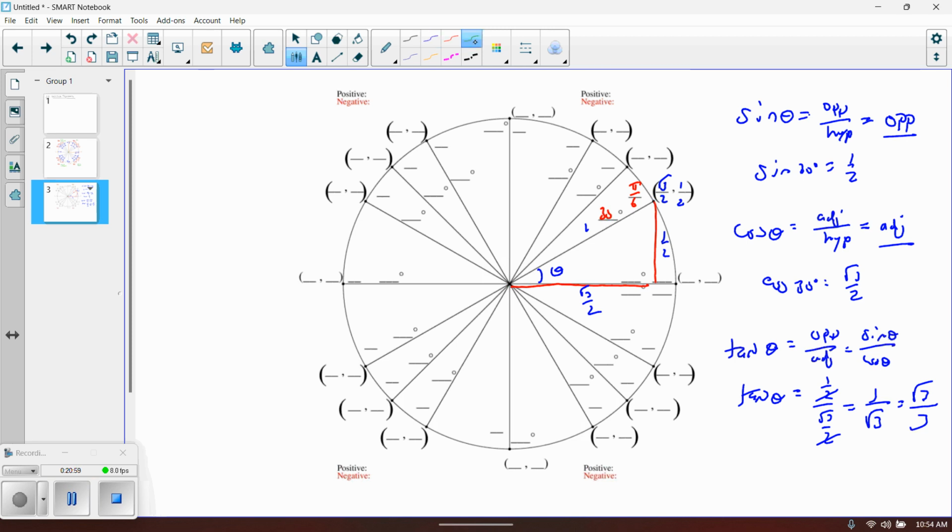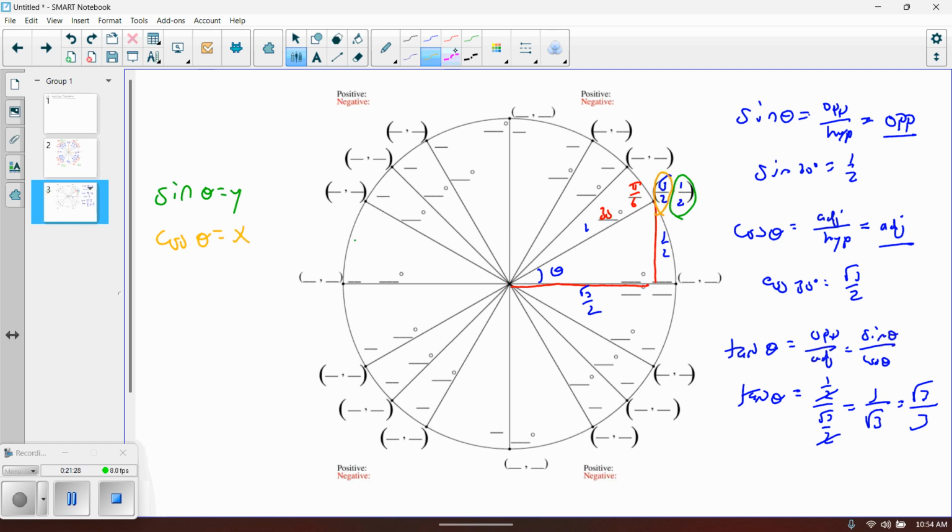But here's the takeaway. What you should notice, and this is going to be the case all the way around the circle, is that the sine was the y value of that coordinate. So the sine of some angle is going to be equivalent to the y value. The cosine was the x value of that coordinate, so the cosine of our angle is going to be x.